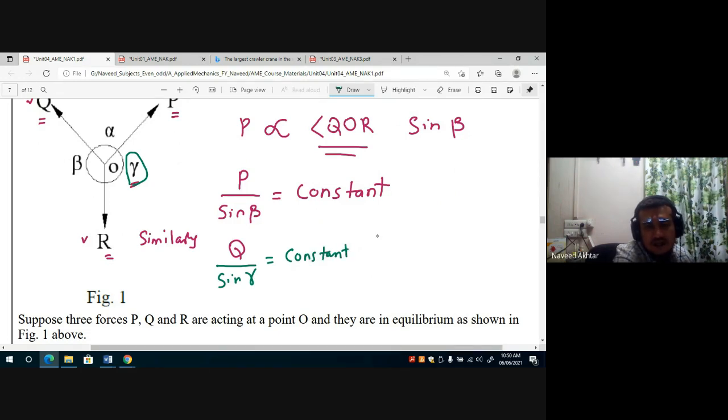Similarly, now R is the another force. The angle opposite to R is nothing but this alpha. Okay, so R upon sine of alpha is equal to constant.